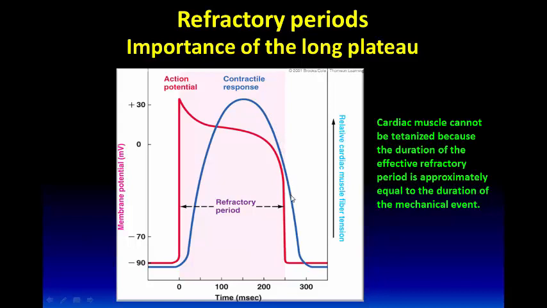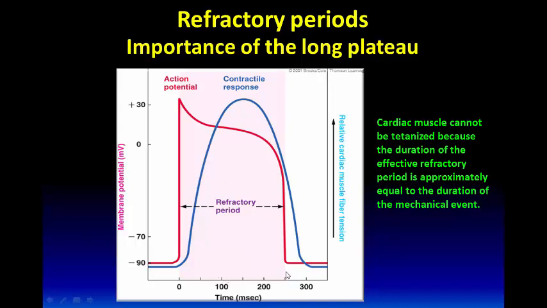So the effective refractory period extends throughout the contraction till the myocyte is having some relaxation. So this would mean that the myocyte cannot respond to another stimulus while it is in systole, while it is in contraction.